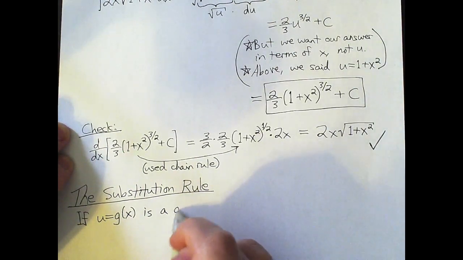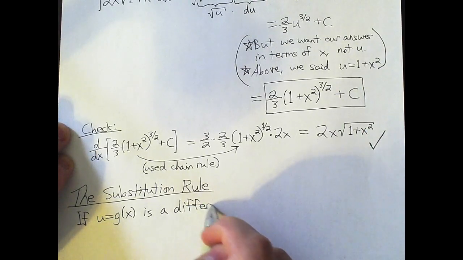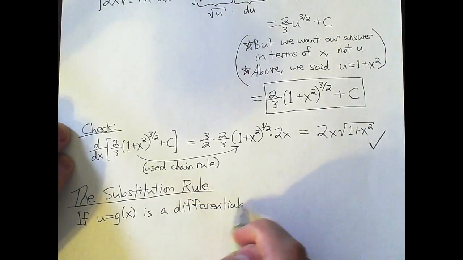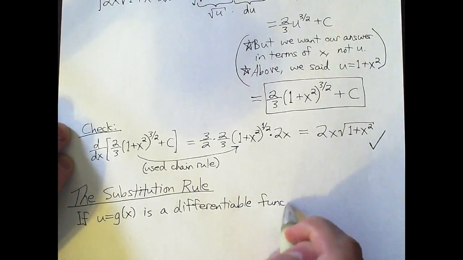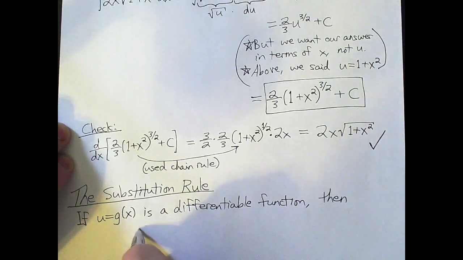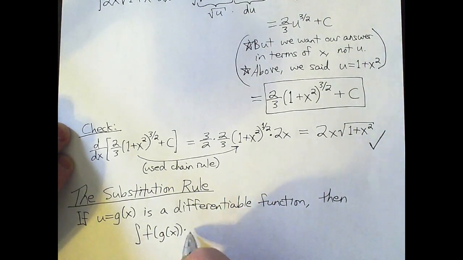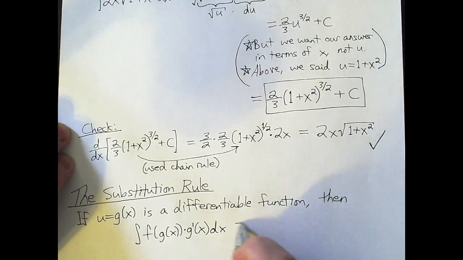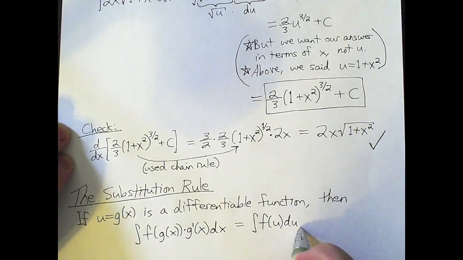If this is a differentiable function, then the integral of f of g of x times g prime of x dx equals the integral of f of u du. So it almost looks like a chain rule thing is showing up in that formula.